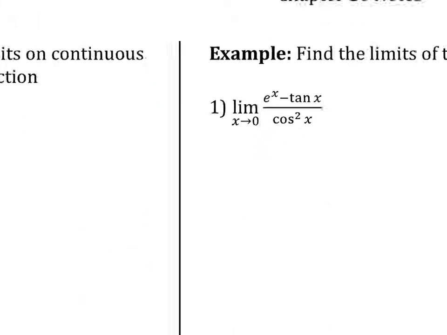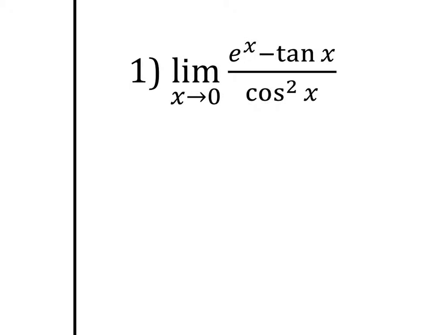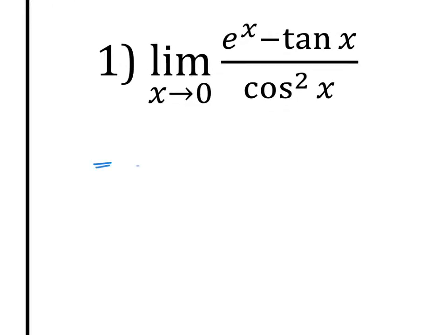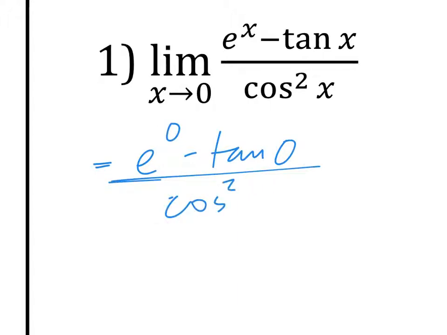The crazy functions. What are we gonna do? Wow. Well, remember I said before you do any crazy things, you wanna try to plug it in. You might get lucky and you don't have to do any work. So let's try it. E to the 0 minus tangent 0 over cosine squared 0.